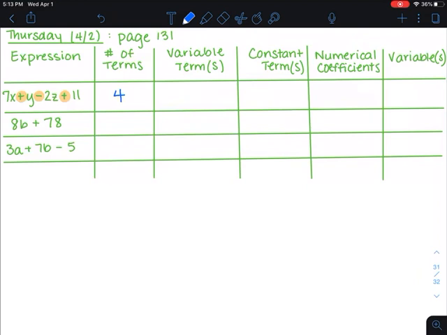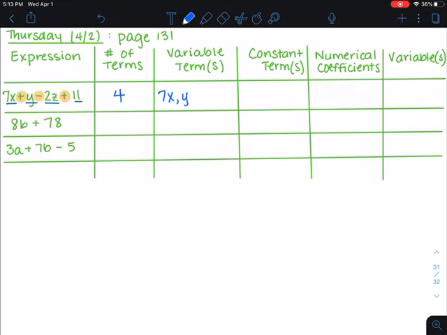So my variable term or terms, we have 4 terms possible. We need all the ones with variables. We have 7x, y, 2z, and 11. All 4 terms will be between these two. They either have a variable, so they would go here, or they don't, and it's just a number, so it's called a constant, and it would go here.